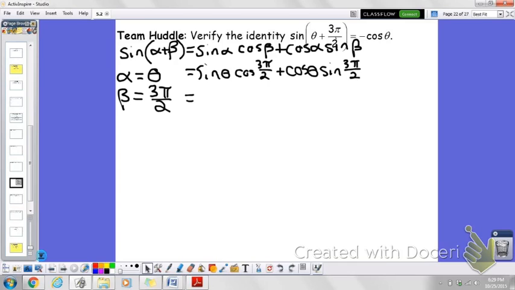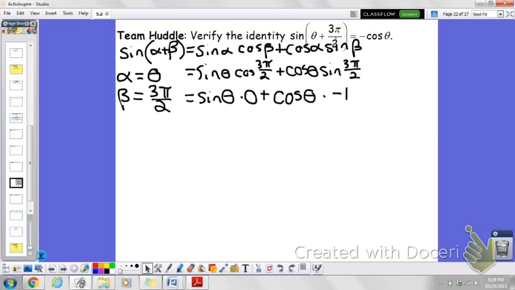So we know from our unit circle that the cosine of 3 pi over 2 is 0, so we'll have the sine of theta times 0 plus cosine of theta times the sine of 3 pi over 2. But from our unit circle we know that the sine of 3 pi over 2 is negative 1, so it'll be cosine of theta times negative 1.